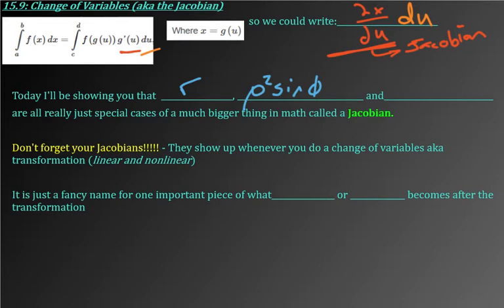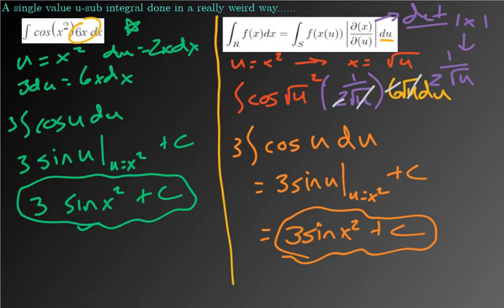And really, anytime you do U sub and you get something extra, like over here, we get this 3 that pops up. That 3 is linked to the Jacobian, I should say.